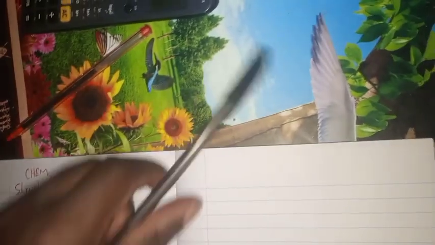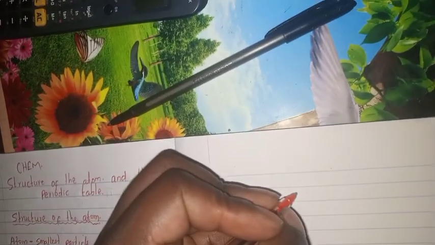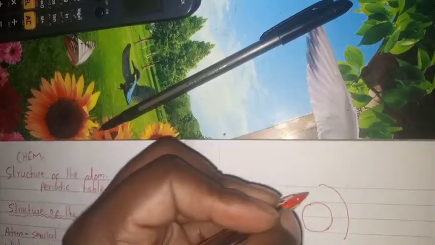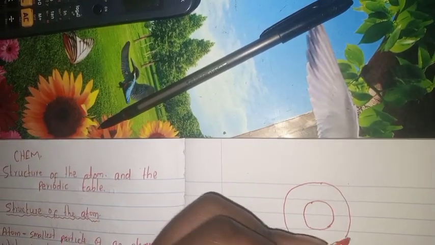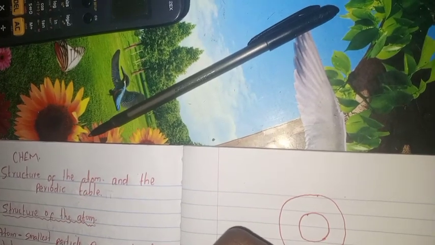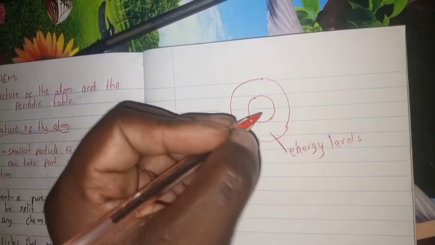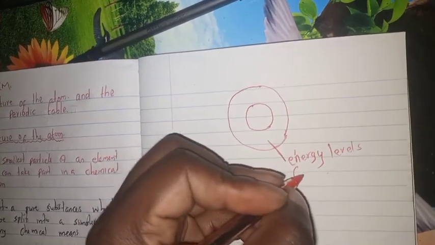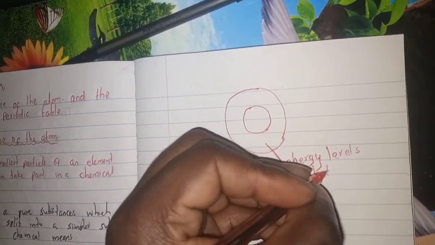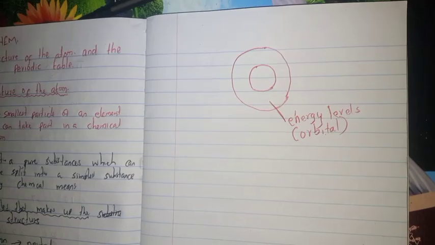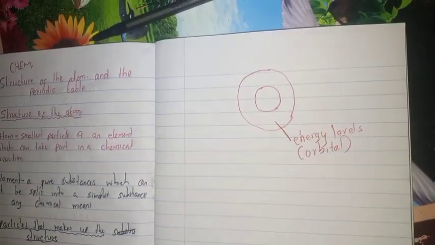For that reason, if you draw the structure of the atom, we will have this point here, and then we have the other parts. The other parts here are called energy levels, and we can also call them orbitals.